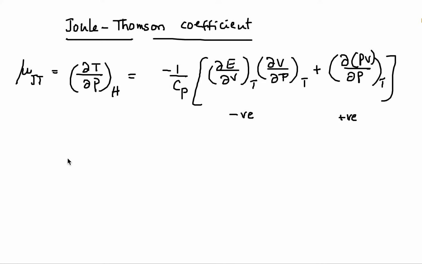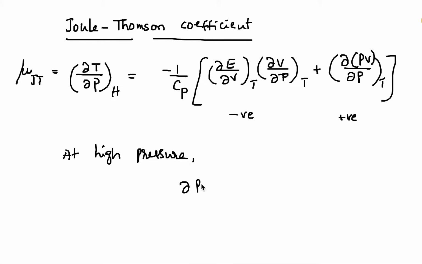Now, at high pressures, if we look at the graph of PV versus P, most gases have a PV value greater than the ideal gas. Therefore the PV curve has a positive slope there.